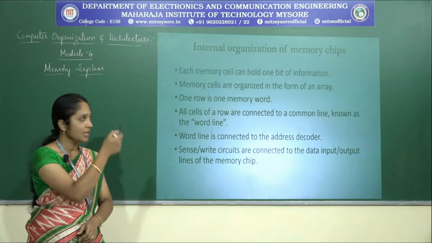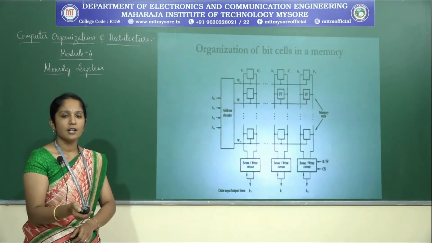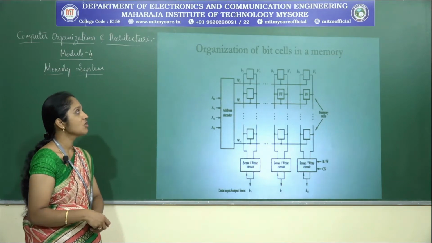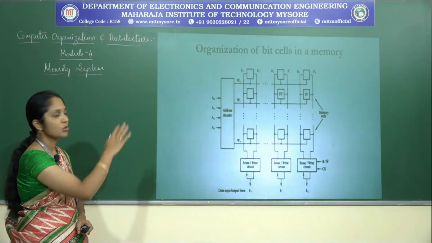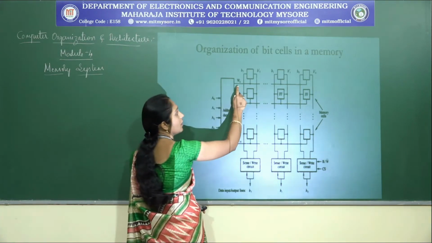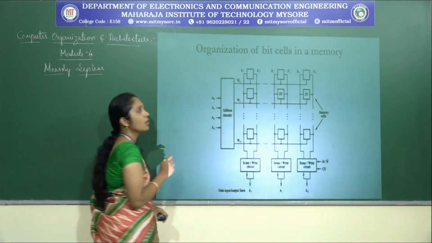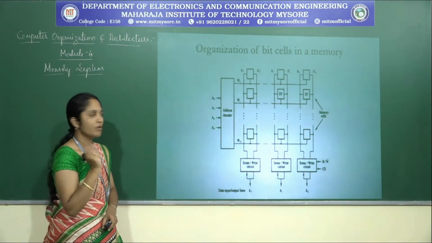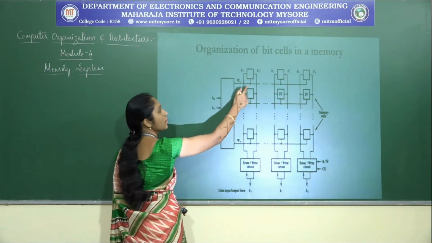In order to understand this, let us consider the figure. This is how the bit cells in a memory are organized. You can observe that a row is nothing but a word, a memory word.